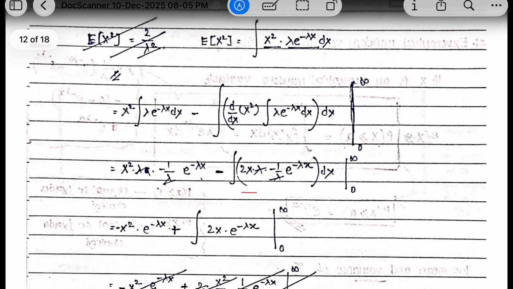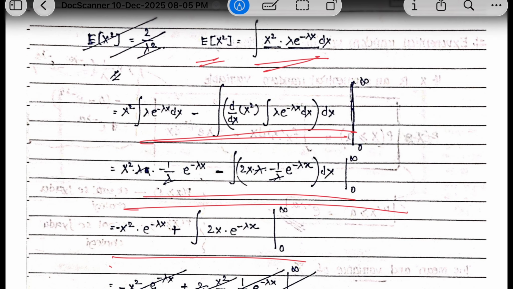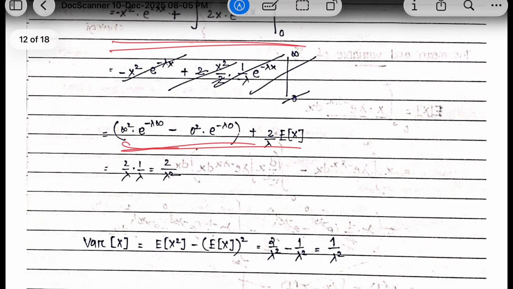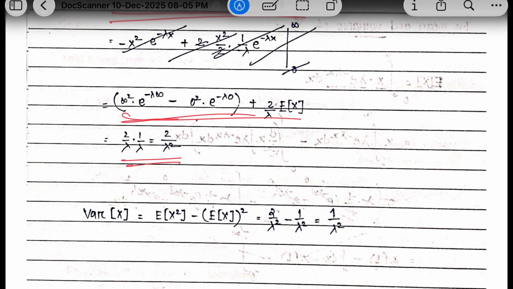So for the expectation of x square, this is also given here, needed to find the variance. This is also calculated using integration by parts. We got a value. So the variance is E of x square minus the expectation of x whole square.